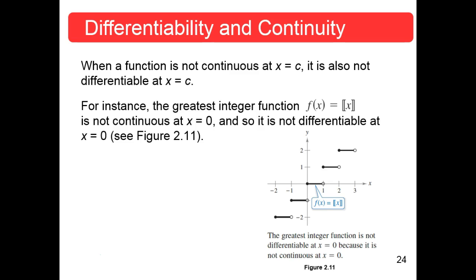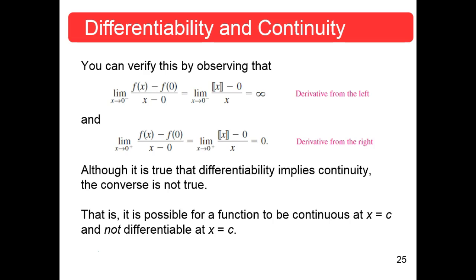So, bottom line here, if a function isn't continuous at a point, you can't take a derivative at that point. Does that mean if it's continuous you can take a derivative? Not necessarily. You can verify this by observing the limit as x approaches 0 from the left of the greatest integer in x.